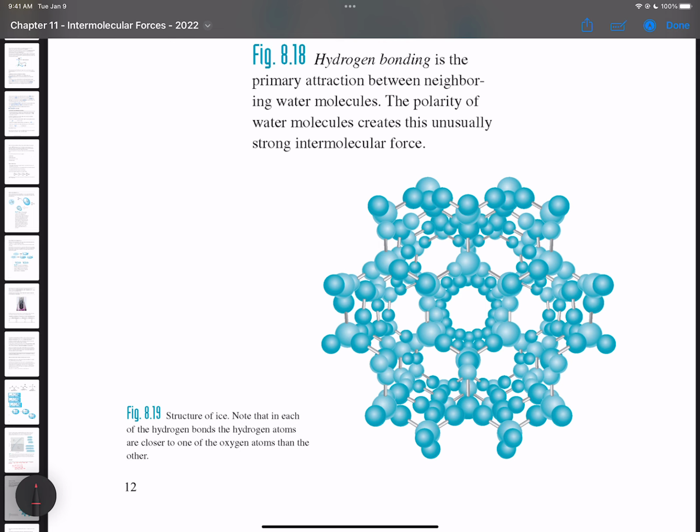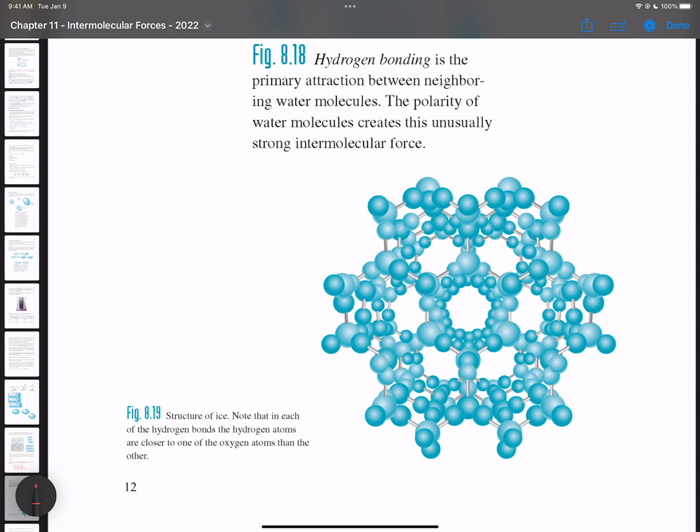And you see in the ice structure, there are a bunch of pores or holes. So this very ordered structure is weird, because ice is less dense than water, and that's because water likes to orient itself like this in the solid state.